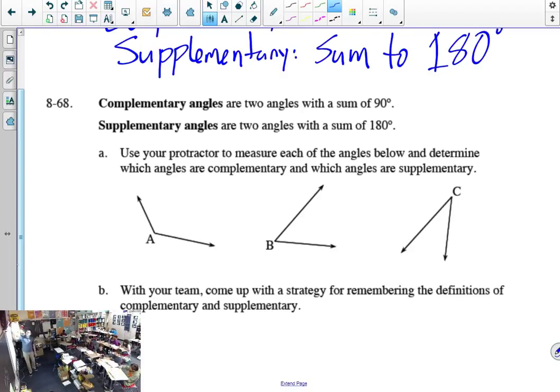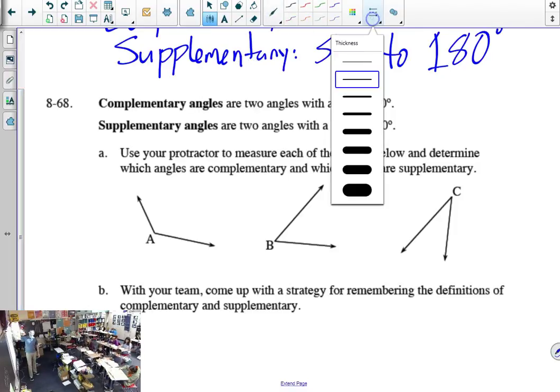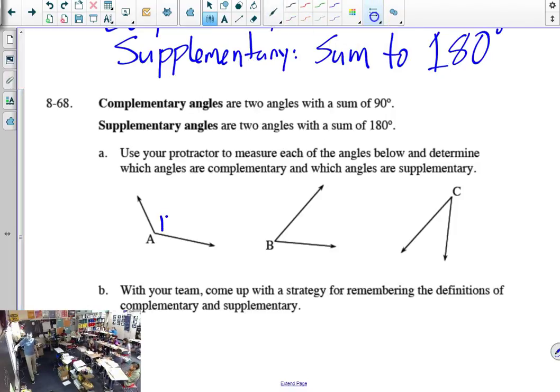What do you got for A? 130. What do you want for B? 53. This is 50. This is 37.